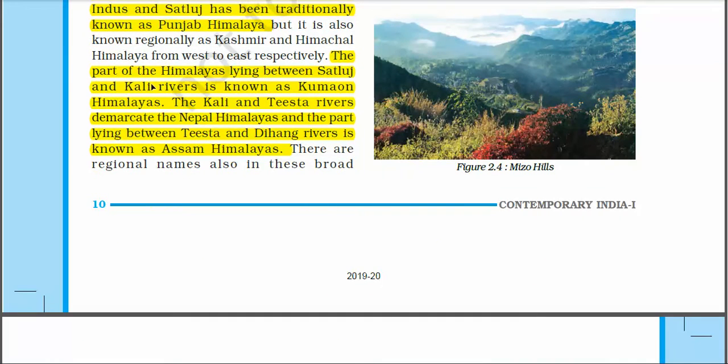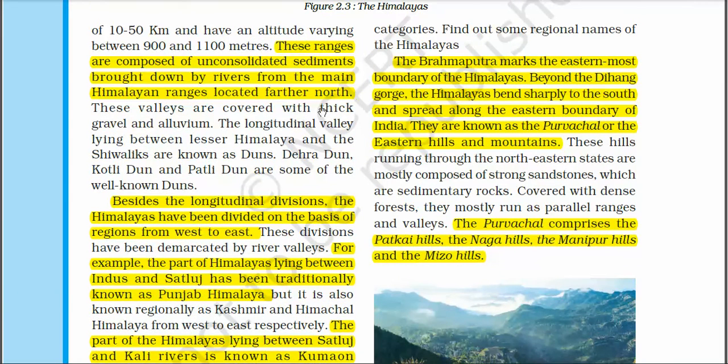The part lying between Satluj and Kali River is known as Kumaon Himalayas. The Kali and Tista rivers demarcate the Nepal Himalayas, and the part lying between Tista and Dihang rivers is known as Assam Himalayas. So these are some traditional divisions of Himalayas.